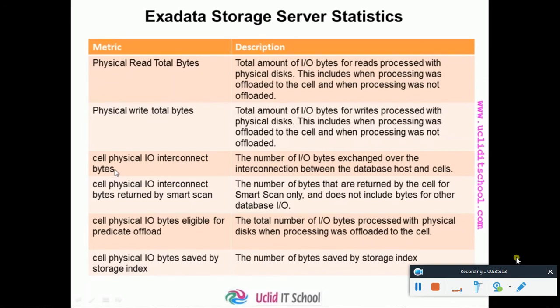What is the meaning of this statistic? The number of I/O bytes exchanged over the interconnection between the database servers and cell servers. So this metric will show you how many bytes are exchanged between database servers and storage servers.